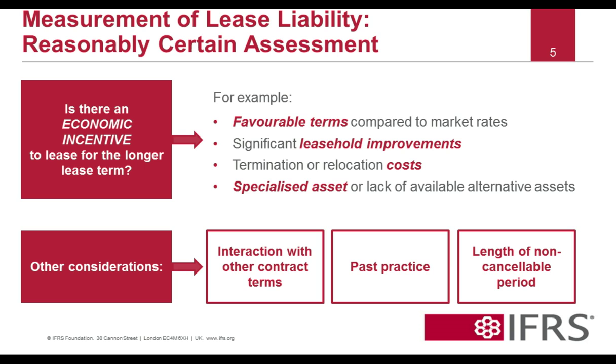Another example of something that will need to be taken into account in making the reasonably certain assessment is past practice. IFRS 16 requires a lessee to think about its past practice as to the period over which it has typically used particular types of assets.